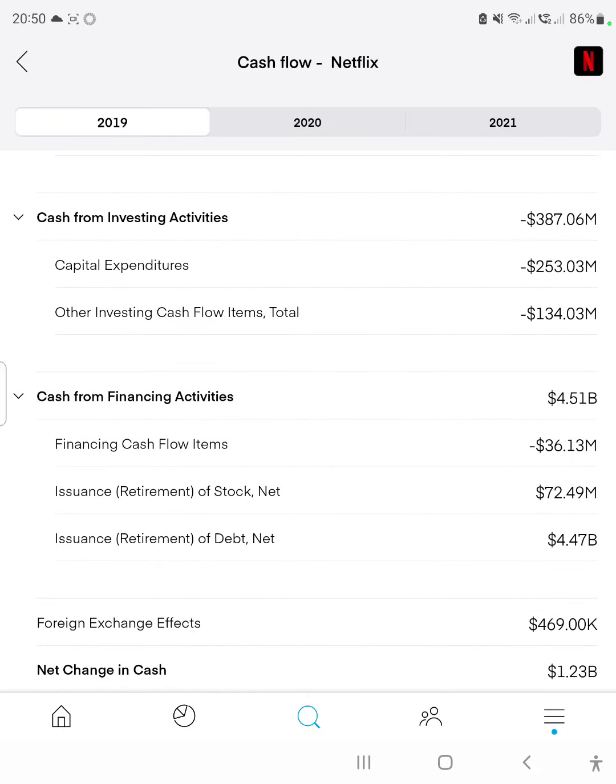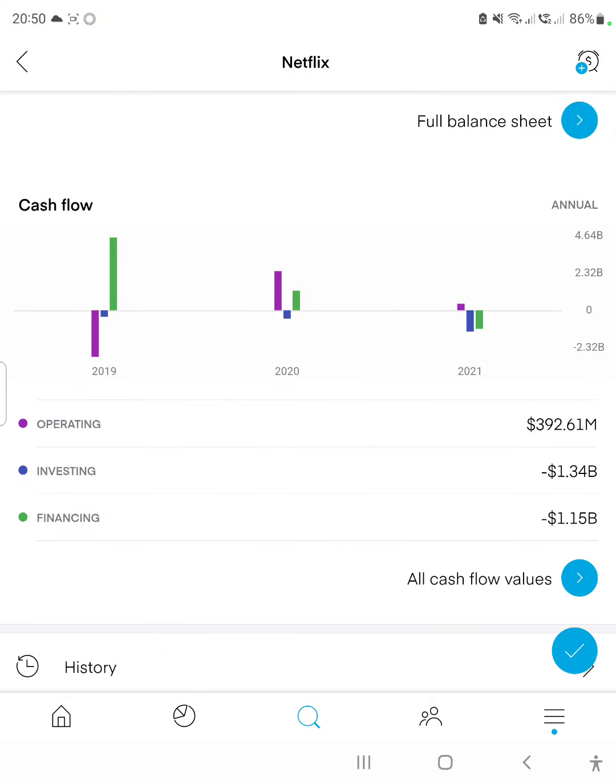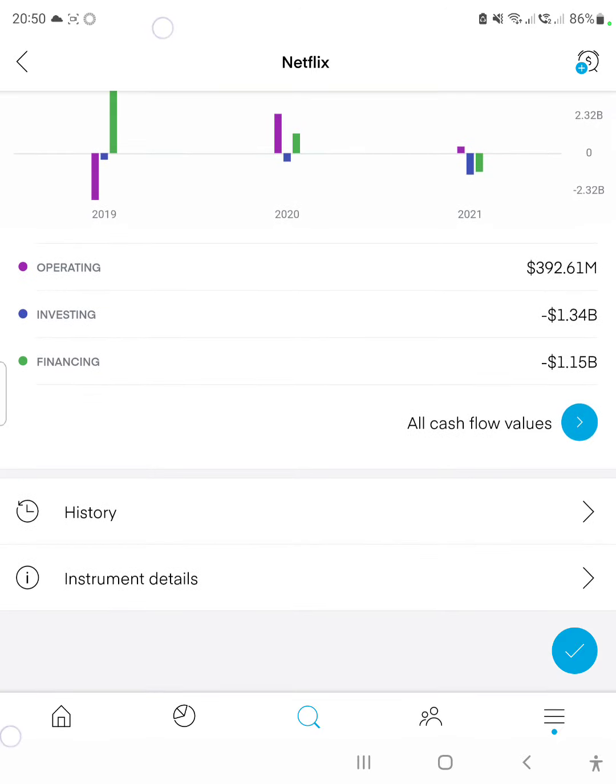So overall, it's gained about 4.5 billion in the past 2 years, except this one, and it's lost about 2.18. So it's gained about 2 billion, which isn't as much given its size. Given its size, it's not as much as Meta Platforms, but we can live with it. It's still definitely a large gain in cash.